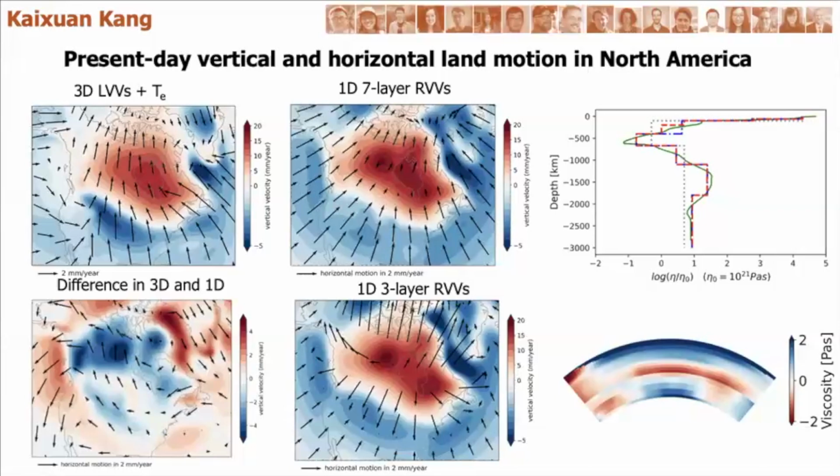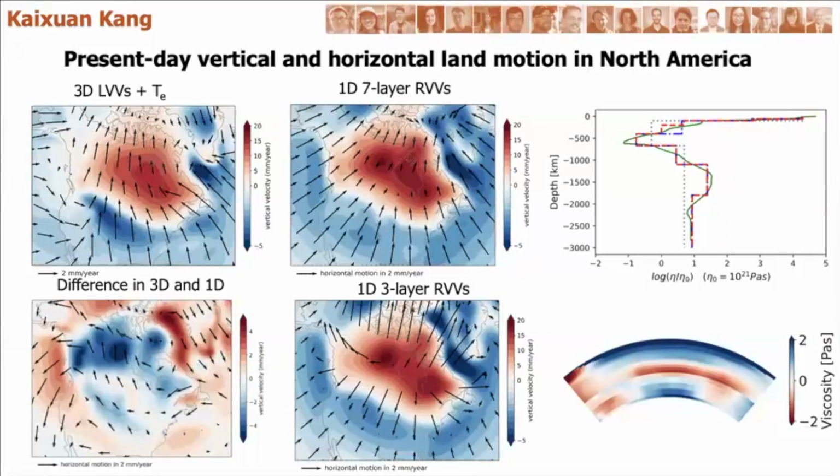We tried our best to add more layers to trace the lateral average of this 3D viscosity. And you can see, even though I already use 3 layers, and I could add more, the difference between 3D and 1D is very large.